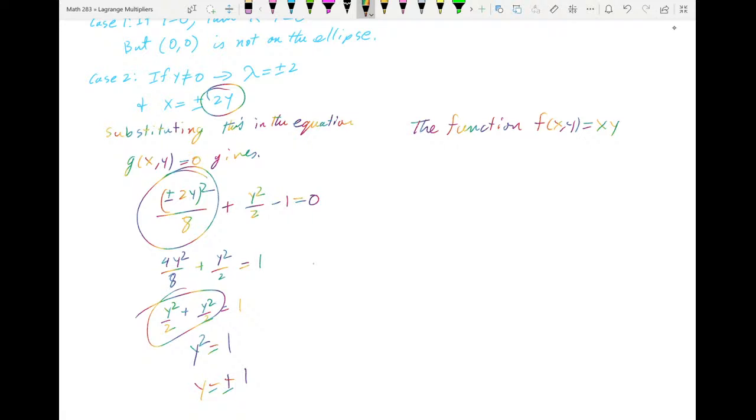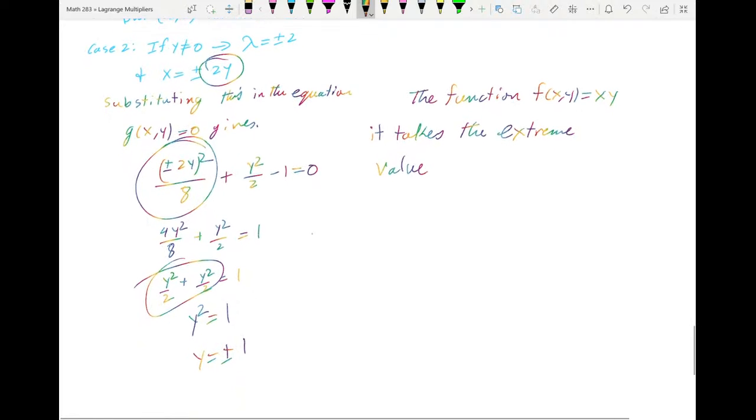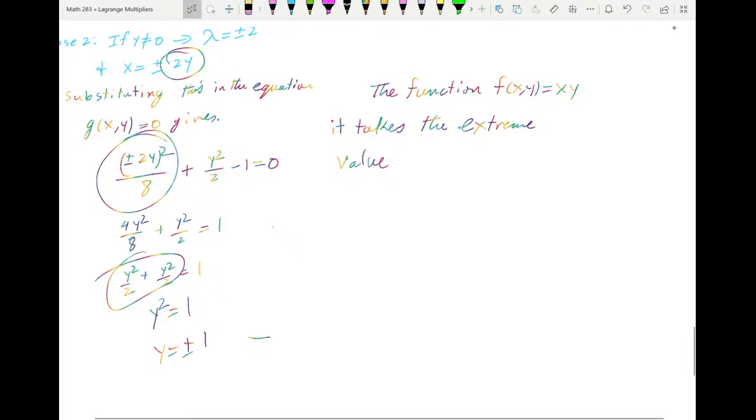Okay. So the function f of x, y takes the extreme value. If y equals that, I want to make sure what did I do my mistake on?